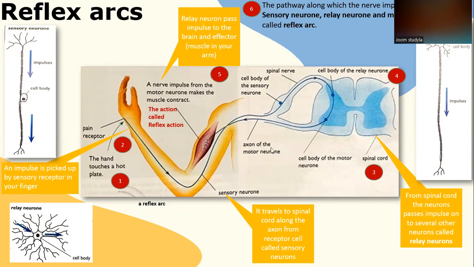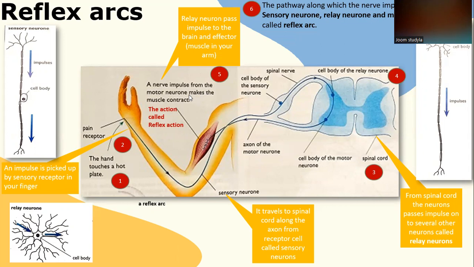And then from the spinal cord, the neuron passes impulses on to several other neurons called relay neurons. And then it goes to number 4, where the cell body of the relay neuron is. From there, the relay neuron passes the impulse to the brain and to the effector muscles in your arm.